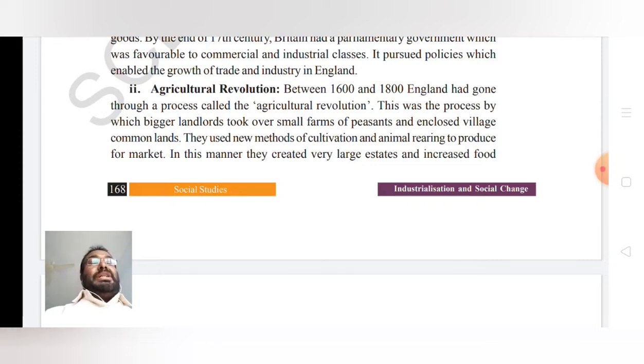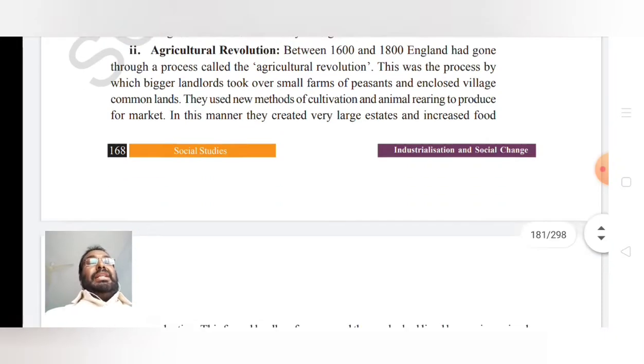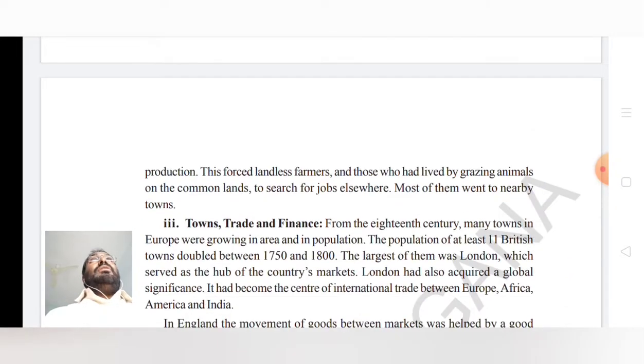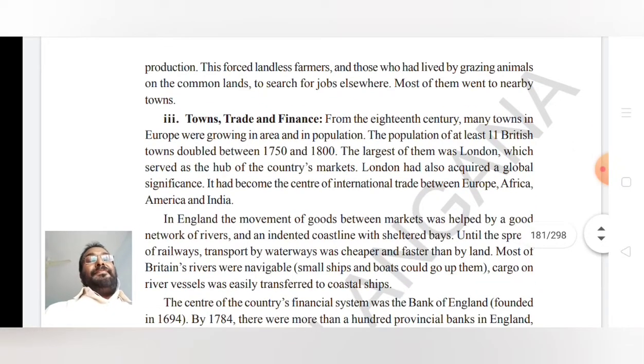They used new methods of cultivation, animal rearing, and then made a lot of profit from that. Then a lot of landless farmers and also those who lived by grazing animals were in search of jobs everywhere because their farms were taken away by big landlords.